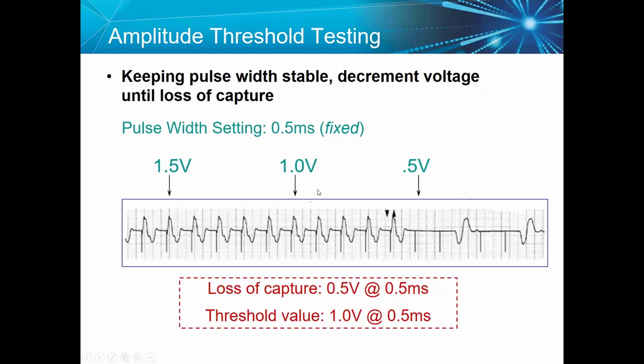Okay, and some programmers will decrease in steps of 0.25 or 0.5; in Boston and Biotronik, for example, it will go 0.9, 0.8, 0.7, 0.6, and so on. When loss of capture occurs, that gives the threshold. We lost capture at 0.5 volt at 0.5 millisecond, so our threshold is 1 volt at 0.5 millisecond.